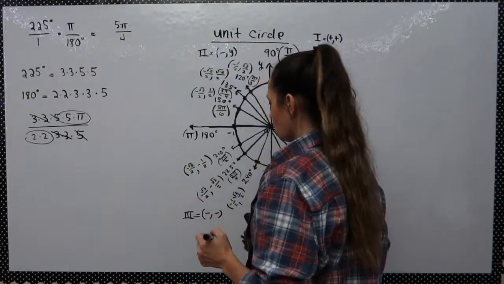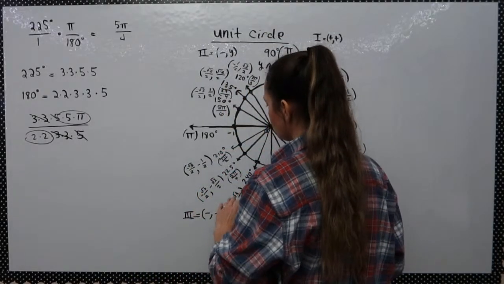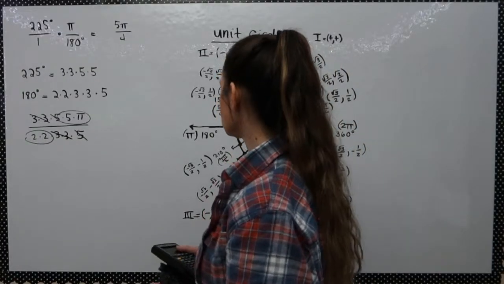If you get bored of converting this way, at any point, you're welcome to switch and just start adding fractions. So let me show you how to do that next.